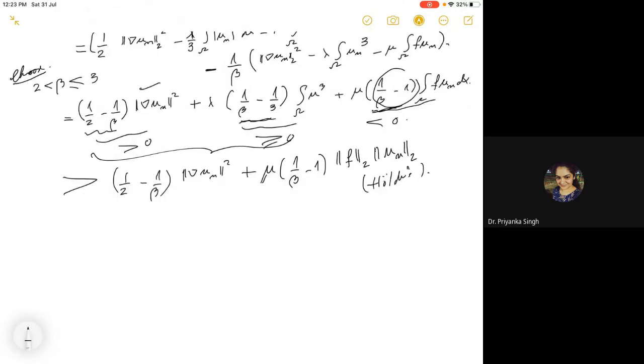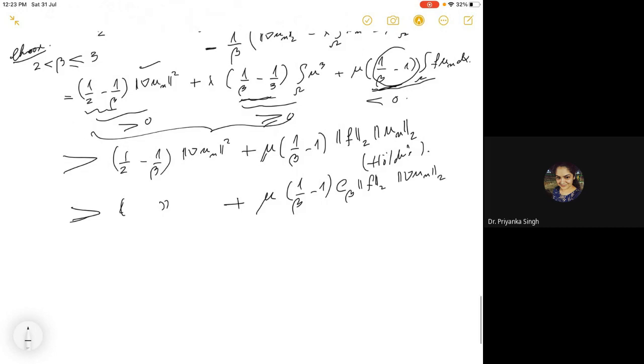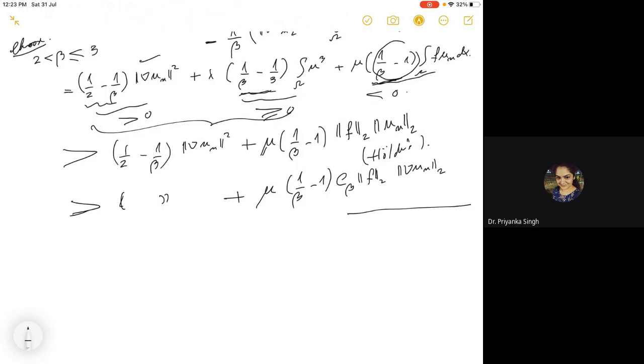Now, further down, this guy, I'll just retain the first term. The second term, I'll further estimate by what is called the Poincare inequality, by constant times norm of grad UN in L2. This is where I have used the Poincare inequality.